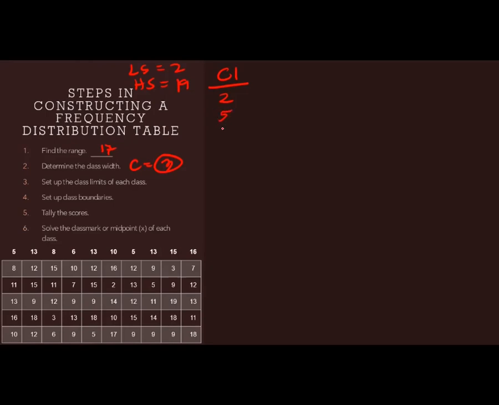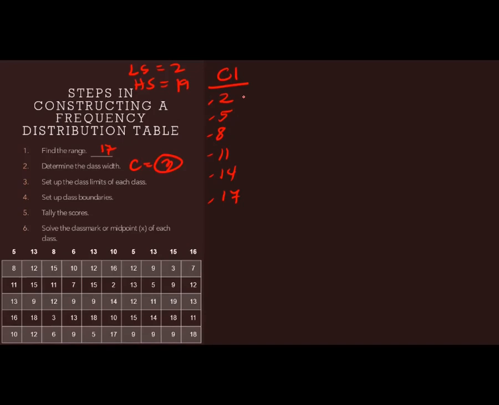And the next plus 3, 8. Then plus 3, we have 11. Plus 3, we have 14. Plus 3, we have 17. So we have 1, 2, 3, 4, 5, 6. And this is our lower limit.